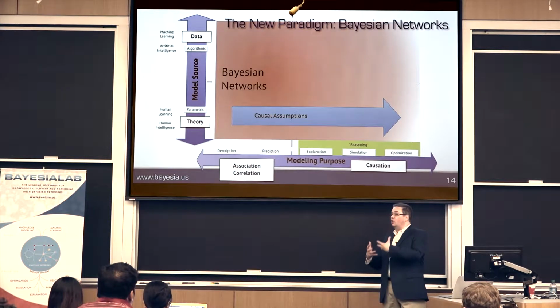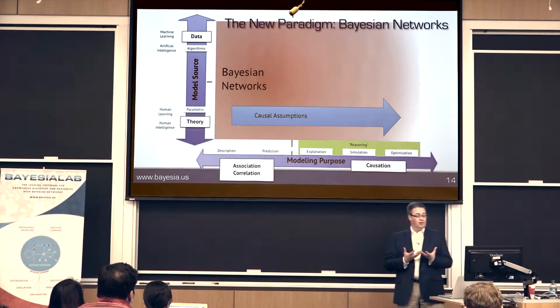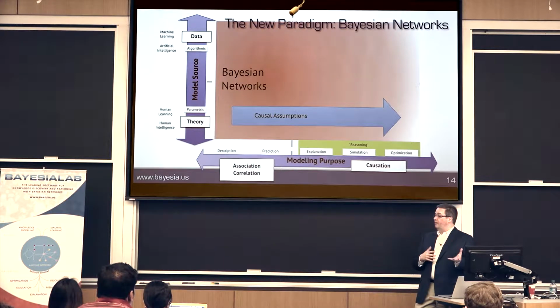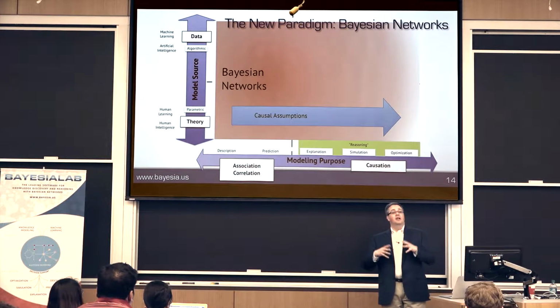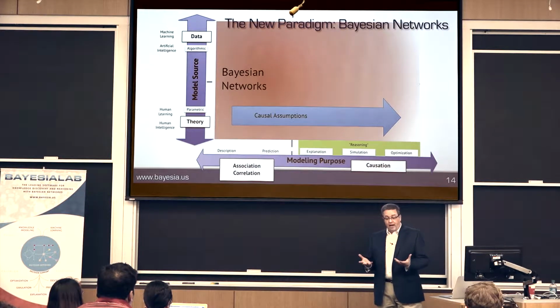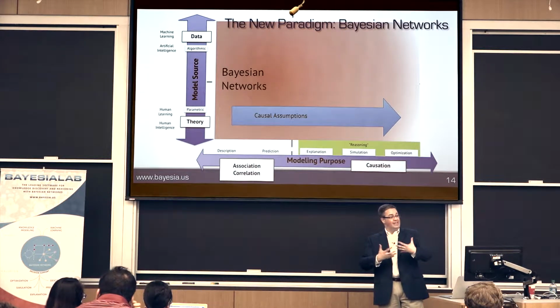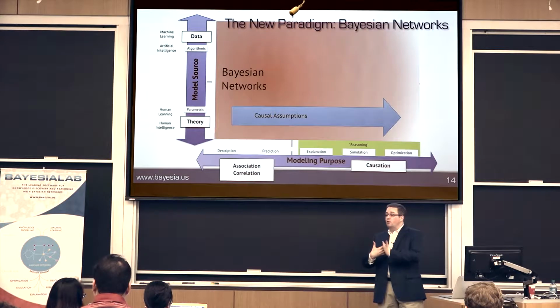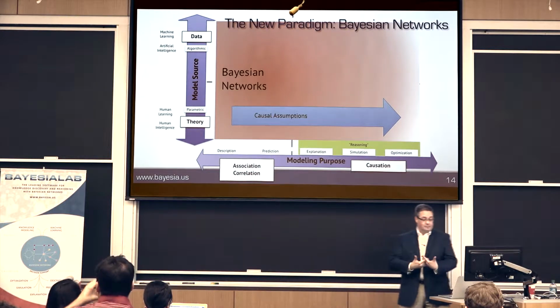We can directly encode that into a Bayesian network. On the other hand, if we have data and not any particular knowledge about the domain, we can apply knowledge discovery algorithms and perform structural discovery and represent these discovered structures as a Bayesian network.